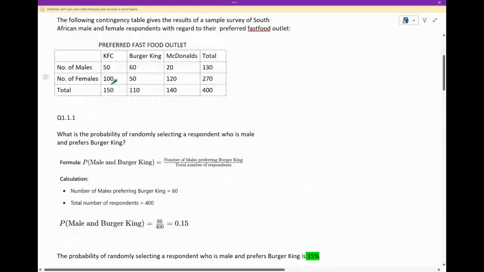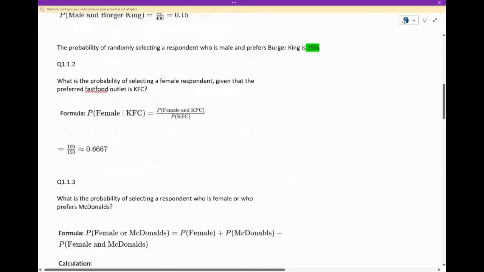Sorry, I'm looking at Burger King. 100. But now, because it's conditional, we say given that she prefers KFC, so it must be out of 150 and not all respondents. So we pick this as our denominator, which is what they've done here.